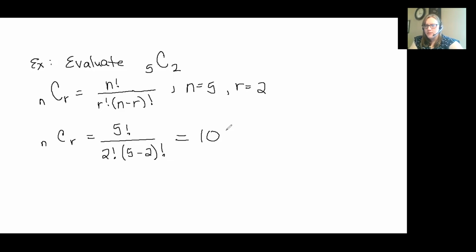But there is an easier way to do it. So I'm going to stop screen sharing to show you the calculator trick. All right, so I want to find 5C2. So the first thing I do in my calculator is I put in the 5, because that's the number in front.